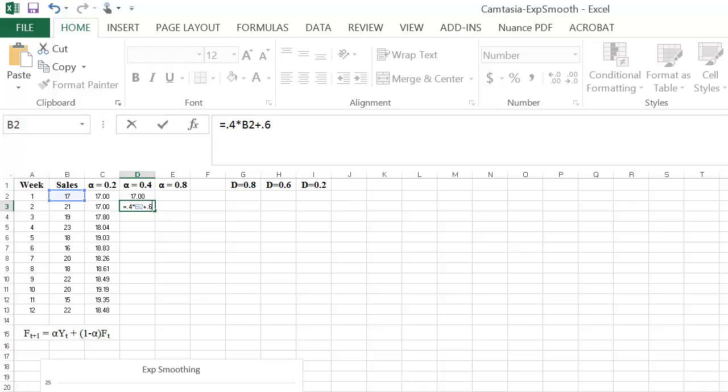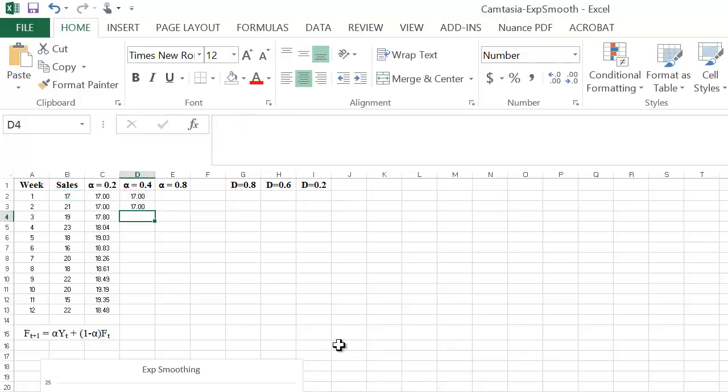Where did the 0.6 come from? It's 1 minus 0.4, times the value that I forecast for period 1. I simply copy this formula down, and these are my forecasts for the 12 periods based on an alpha or a weighting factor of 0.4.